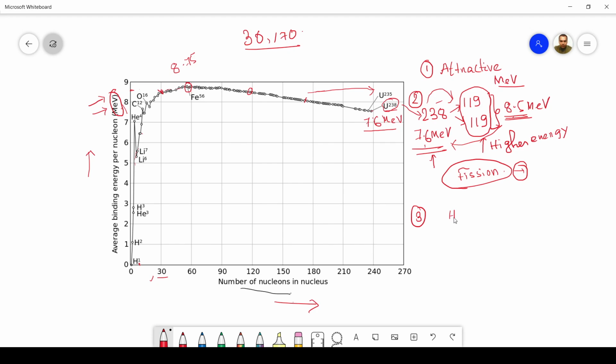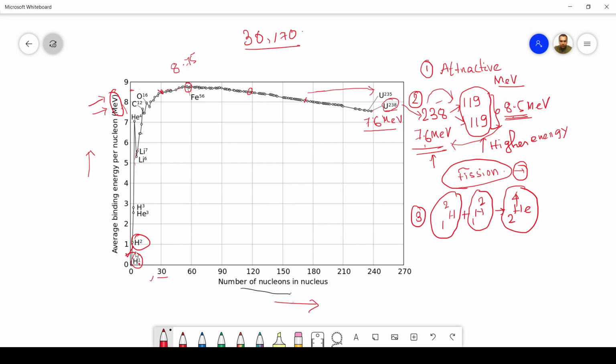Suppose you add two hydrogen atoms, and you will get one helium 4 nucleus.